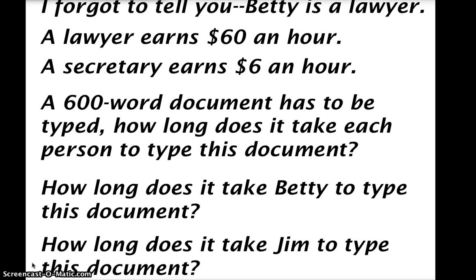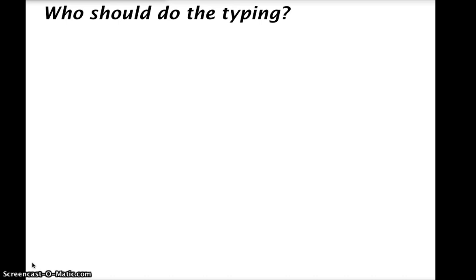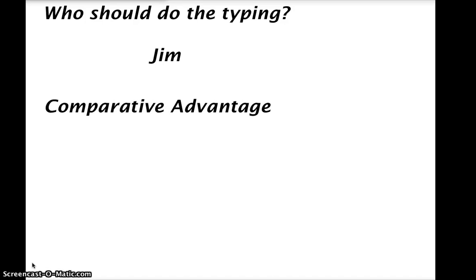So you can see there that in this case, who should do the typing? Well, Jim should do the typing because 10 minutes of his time is $6 divided by 6. So it basically cost him $1 to type that document, right?